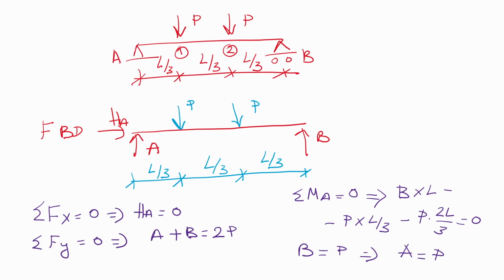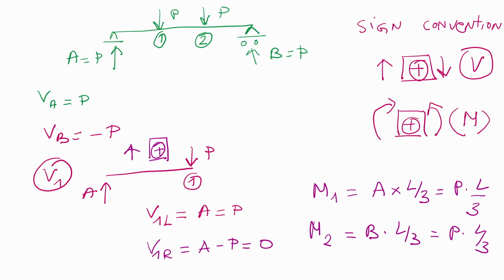You will have roller force B times L minus first force P times L over 3 and minus force P times 2L over 3 equal to 0. Using that equation, you will determine that your reaction at B is equal to P, and using the second equation where sum of forces in y direction is equal to 0, you will determine that A is equal to P. So these were our reactions at supports.